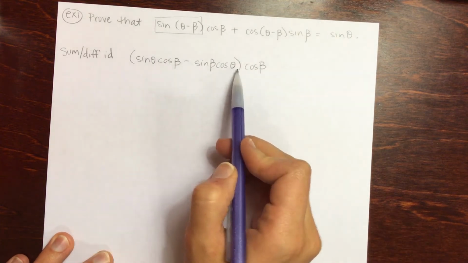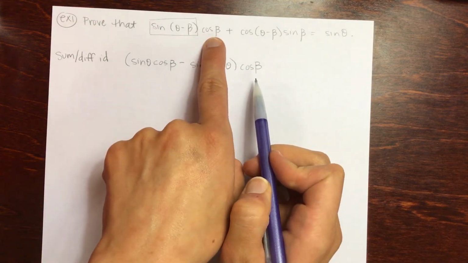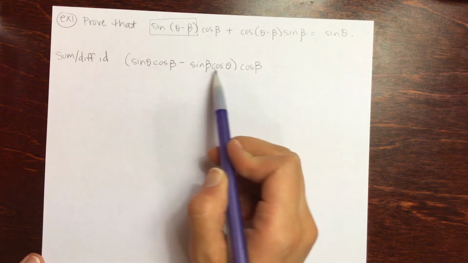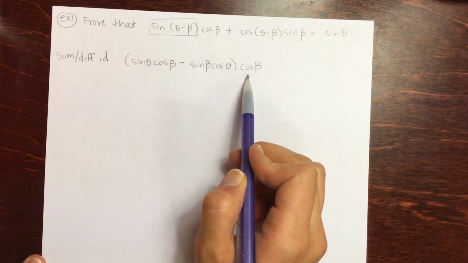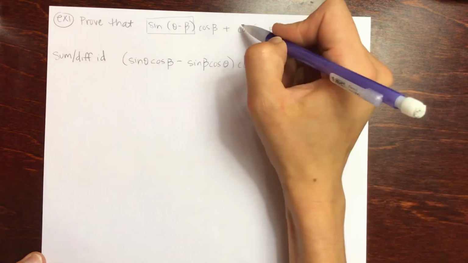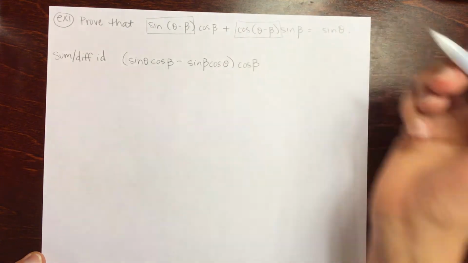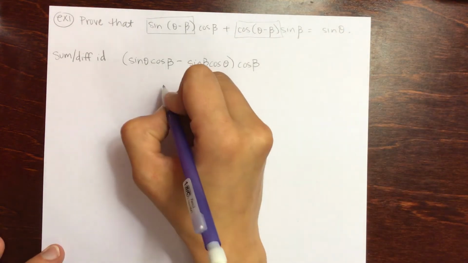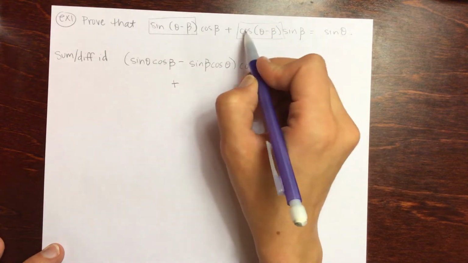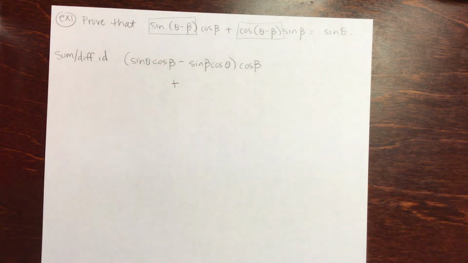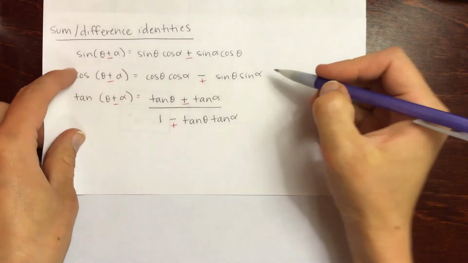I put this in parentheses because I am reminded that I am multiplying all of this by cosine beta. All right, I am also going to replace this one. I probably won't have space to do that. So I'm going to replace this cosine theta minus beta with this identity here.